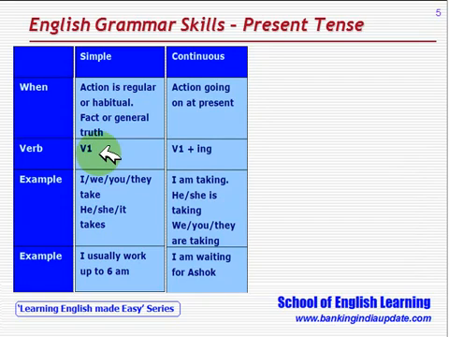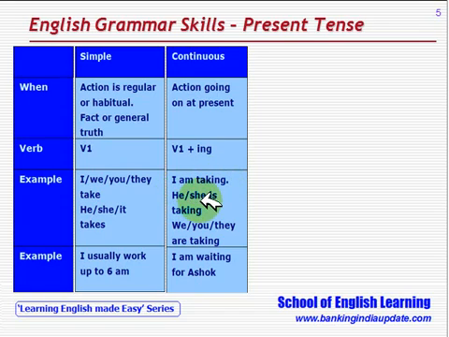After present simple, we shall now use present continuous. Present continuous is used when action is going on at present. Here, first form of verb is used plus ing is also used. So first form of verb plus ing. For example, I am taking.